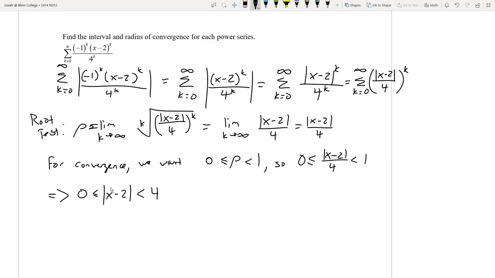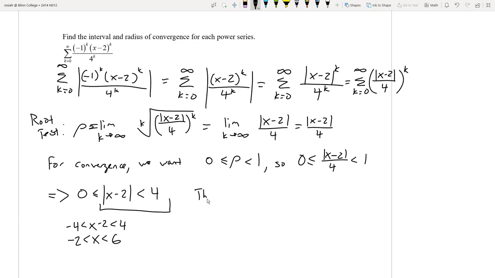And absolute value is, of course, going to be greater than or equal to 0, so we'll just focus on this. We take away the absolute value by setting this in between negative 4 and 4. We add 2 to all these sides here.